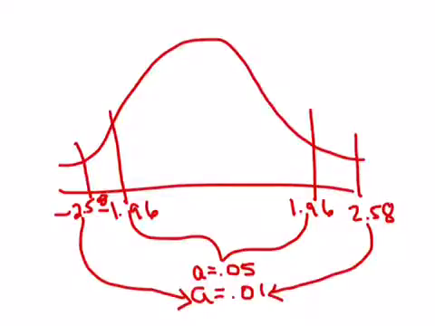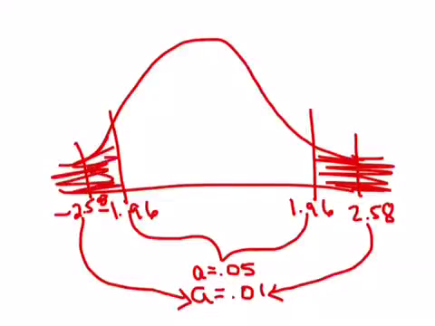Well, here's an example. If you're looking to reject the null or find significance, it's going to be easier with 1.96 because there's all of this room, a lot more room. You have 5% between both sides.